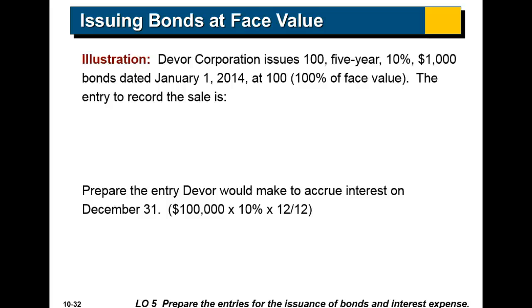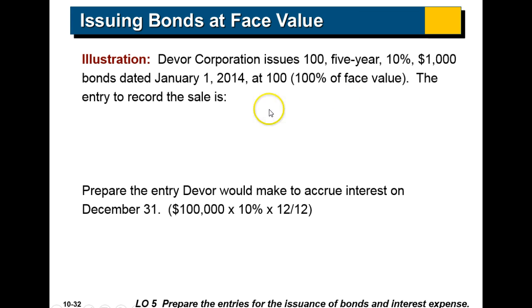Let's look at an example, guys. Devor Corporation issues 100 5-year 10% $1,000 bonds dated January 1st, 2014 at 100. It's issuing them at the total face value.